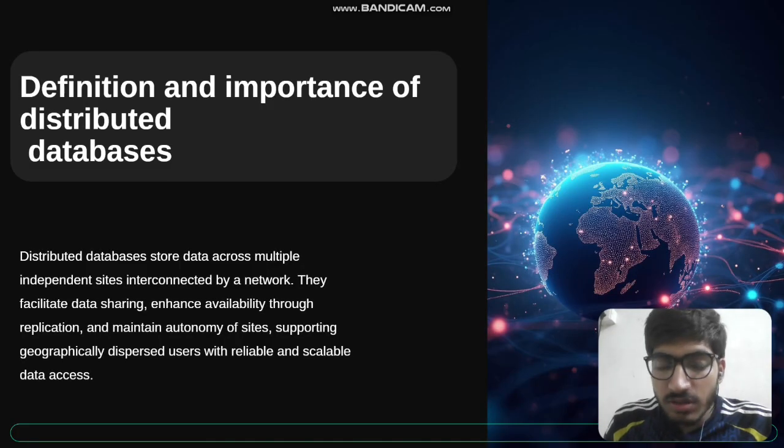Each branch needs local, fast access to its own data, but the data must logically belong to the same enterprise-wide system. Distributed databases facilitate data sharing, but their main advantage is high availability and fault tolerance. If the Tokyo site goes down, the London and New York sites can keep running because they are independent.